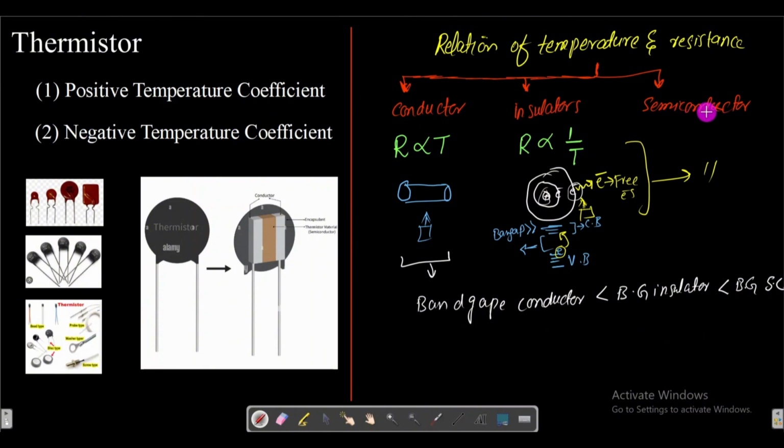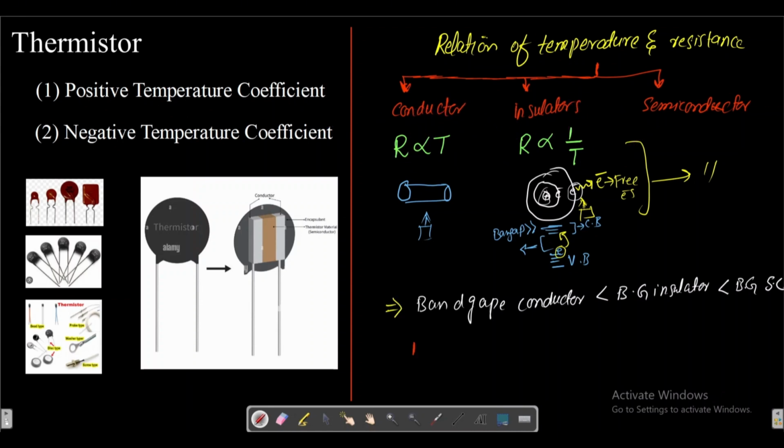So in this case the electrons are still bound toward the nucleus and they are not free, but not so tightly bound as compared to the insulator, and not so free as compared to the conductor. So this is present in between insulator and conductor. So this was the explanation about the relationship of the resistance and temperature in different natures of material.